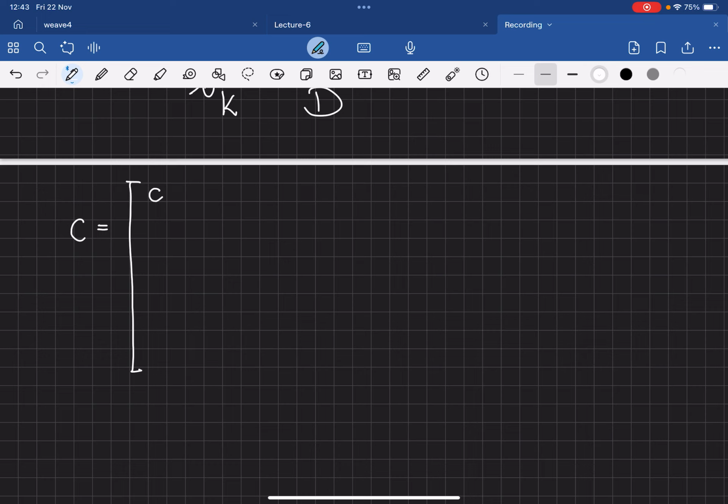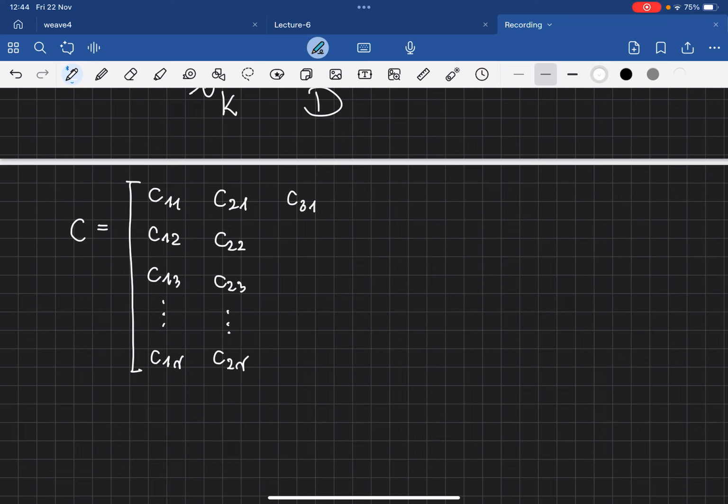which will be C11, C12, C13 up to C1R, C21, C22, C23 up to C2R, and so on.